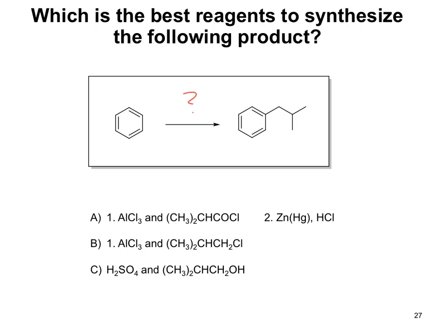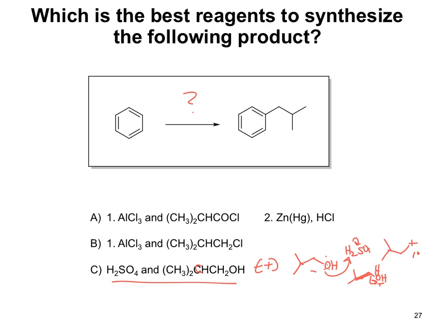If you try to do something like this, what would your electrophile be? Well, see, this gets protonated, right? It gets protonated and then you lose sulfuric acid to give you this carbocation, which is a primary.